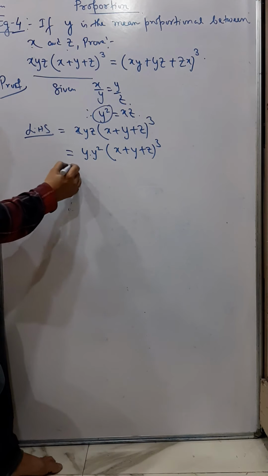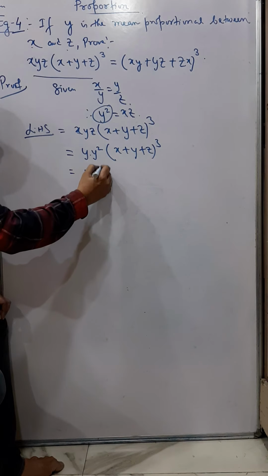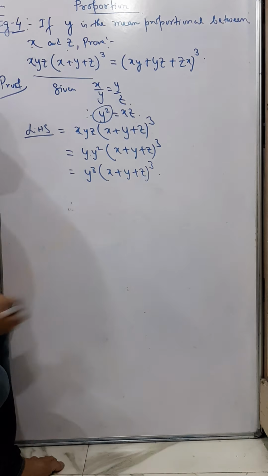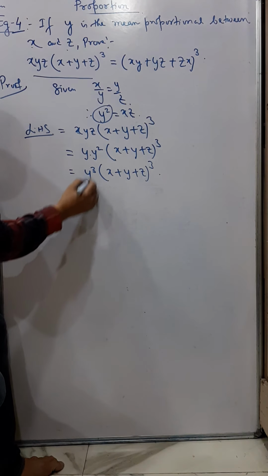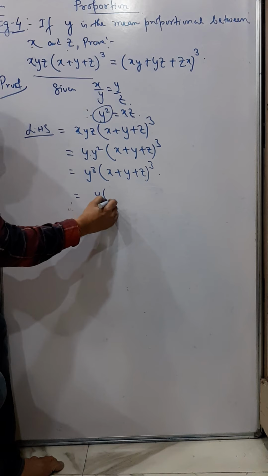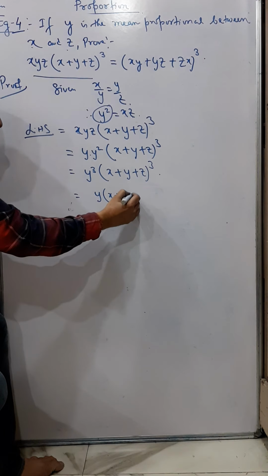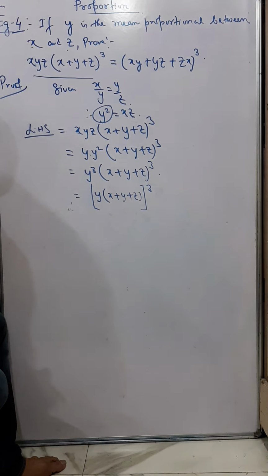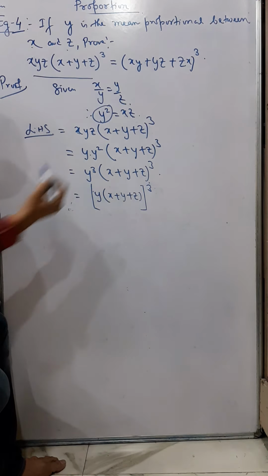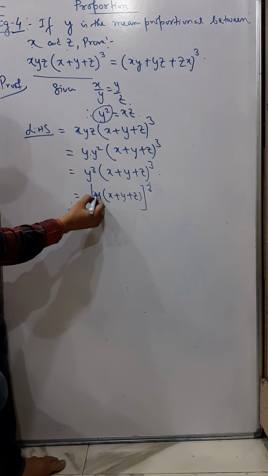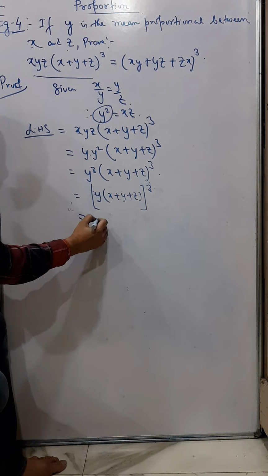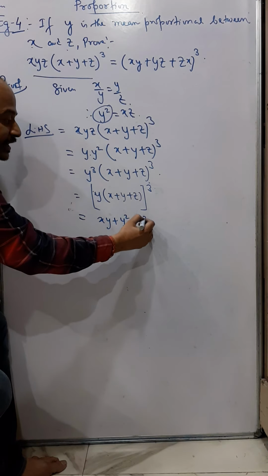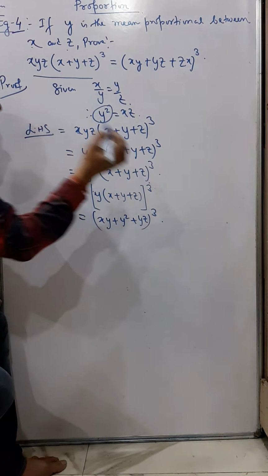Finally we can say it is y cube and x plus y plus z whole cube. Now we can say this one as y bracket x plus y plus z whole cube, like this. Whole cube is y cube and then this cube, and then I can put this y inside. What I get? I get xy plus y square plus yz whole cube, and hence proved.